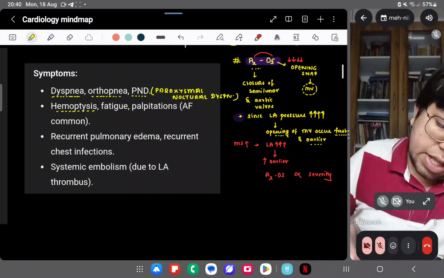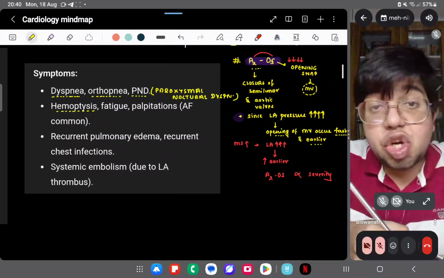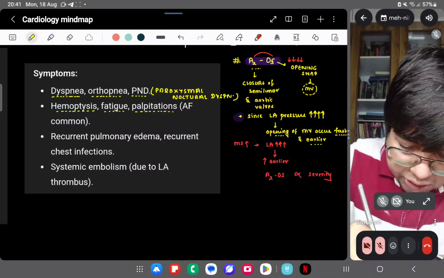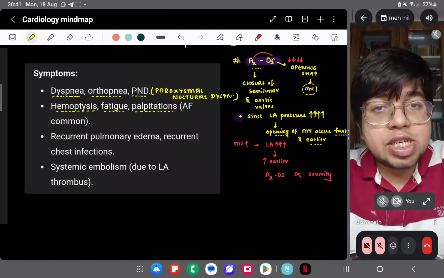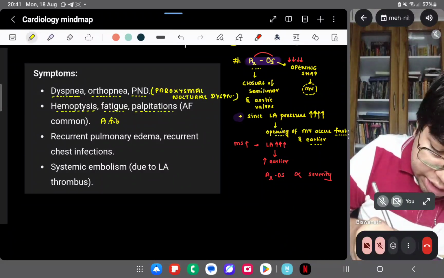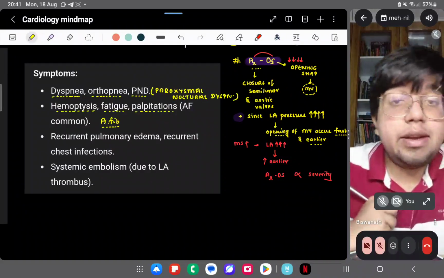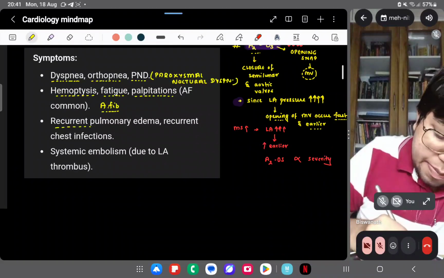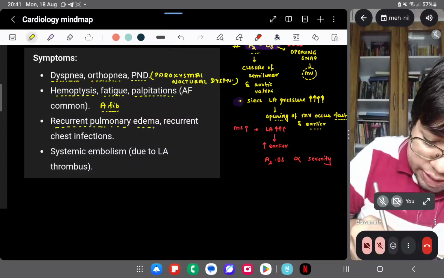We'll look at the cause of hemoptysis in a short while. Don't worry. Fatigue, palpitations. Since the left atrial pressure is high, the patient is predisposed to a dangerous condition which is atrial fibrillation. Then recurrent pulmonary edema.